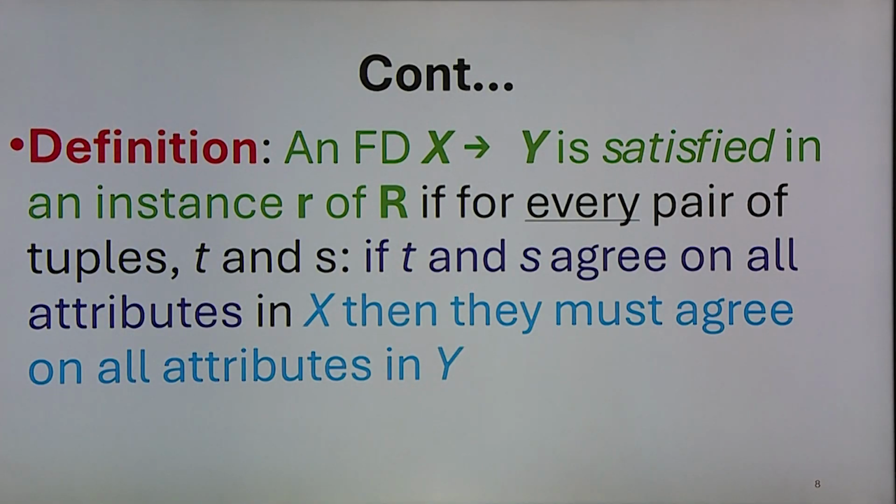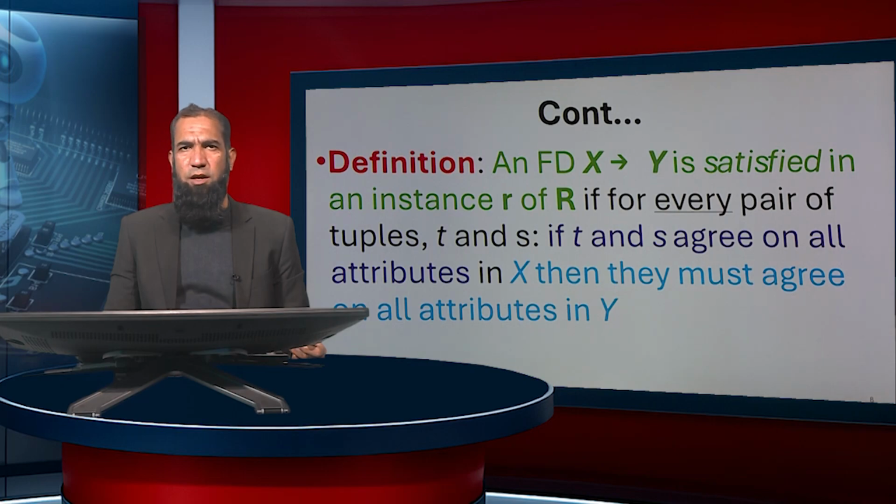For every pair of tuples, let's say t and s, in the relation R, if t and s have the same values for all attributes in X, then they must also have the same values for all attributes in Y. In simpler words, whenever two rows agree on X, they must also agree on Y. This is what it means for X to determine Y. The value of X uniquely identifies the value of Y.